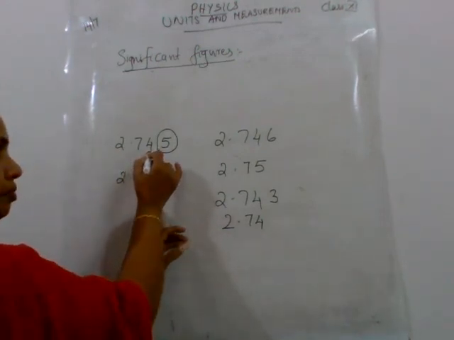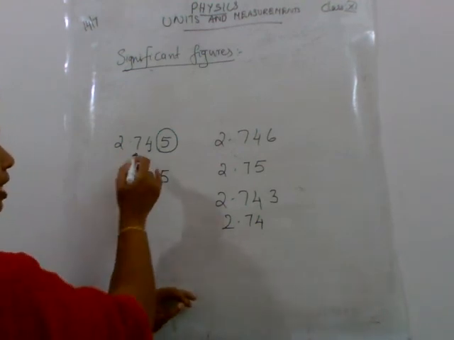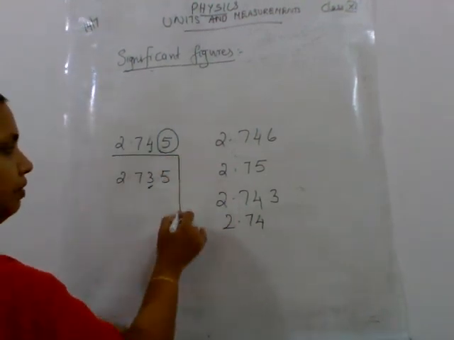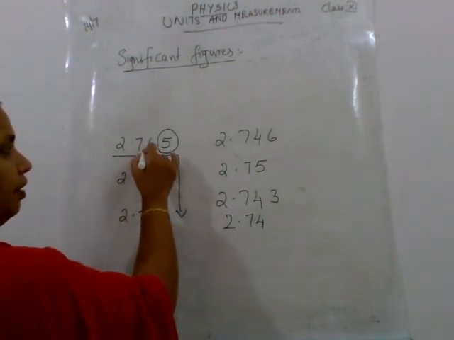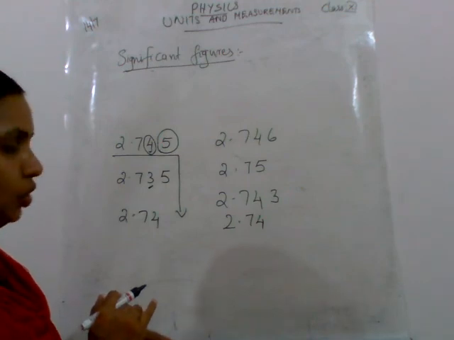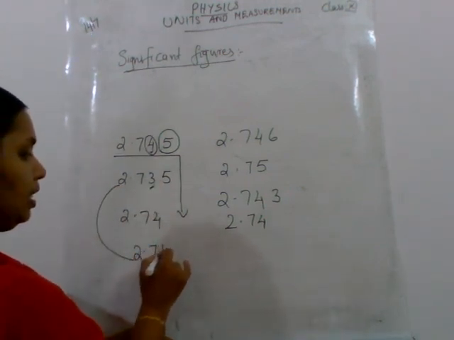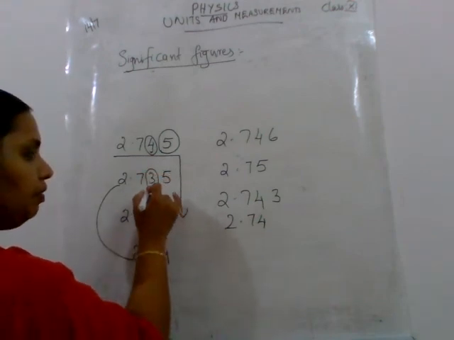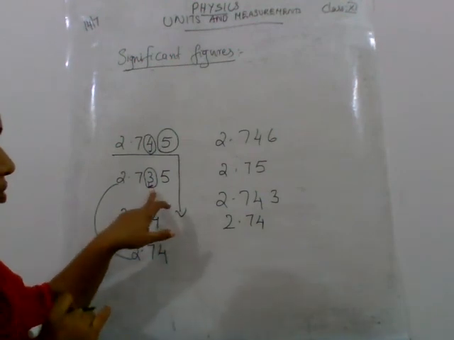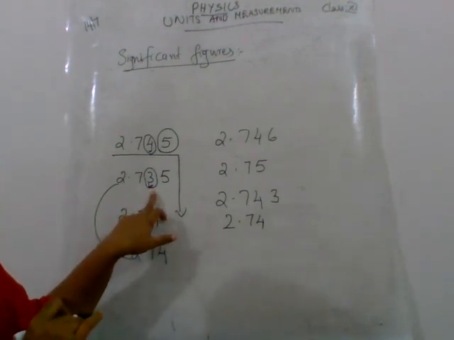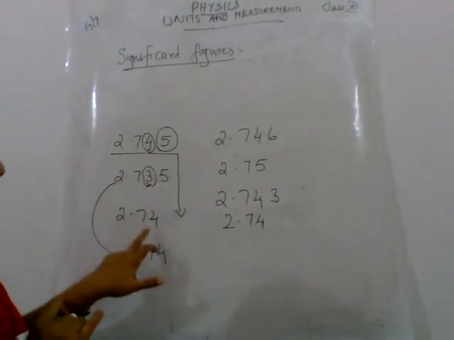That is, 4 is even and 3 is odd. So in such cases, if you are dropping this 5, here we will get the result as 2.74. That is, we leave the preceding number as such when it is even, and when it is odd, 1 will be raised in the second figure after the decimal. So for an odd number, raise 1; for even, leave as such.